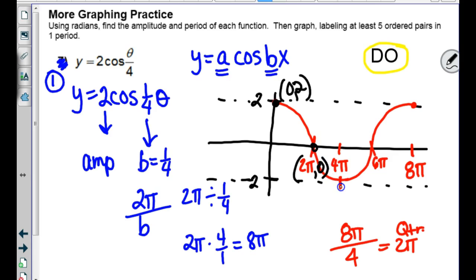Down here at the minimum then is what? 4 pi. And if it was 2 up, it's 2 down. So this is -2. And the ordered pair at 6 pi is 0. And the ordered pair at the end is 8 pi, 2. Everybody okay? All right.